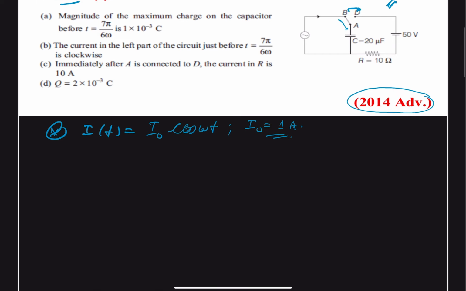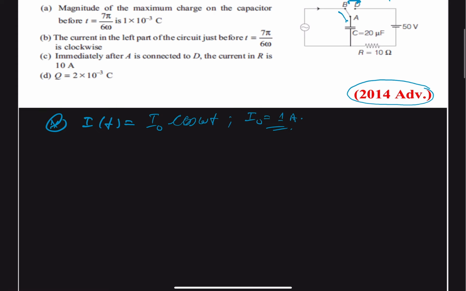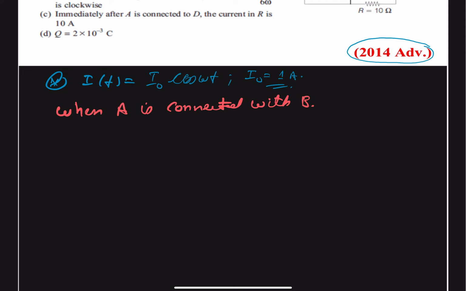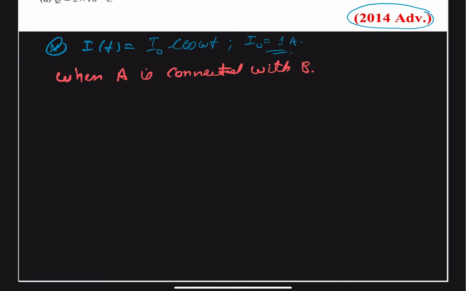And this is when A is connected with B. So under this condition, we are going to find out what will be the capacitor current and what will be the shape of the capacitor voltage.